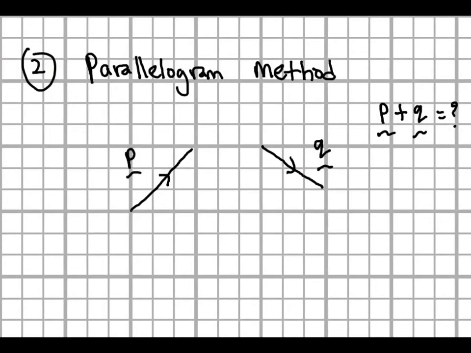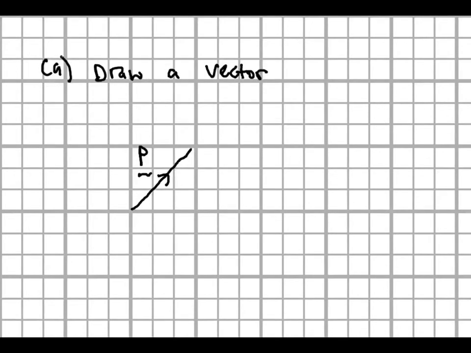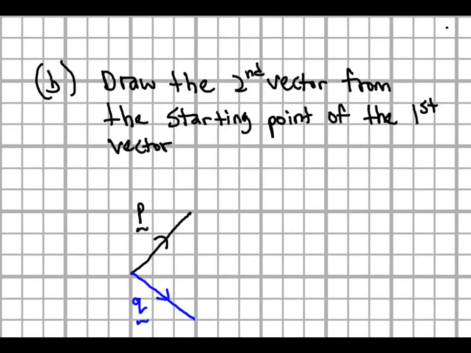Now, let us take a look at the second method, which is called the parallelogram method. First, draw a vector of your own choice. For me, I start with vector P. Next, I draw the second vector from the starting point of the first vector.